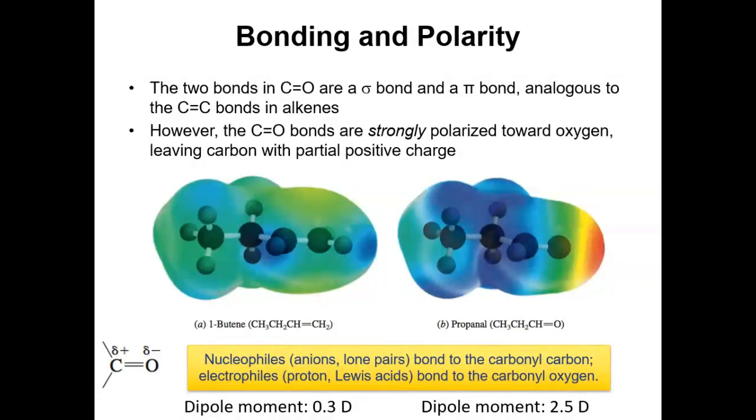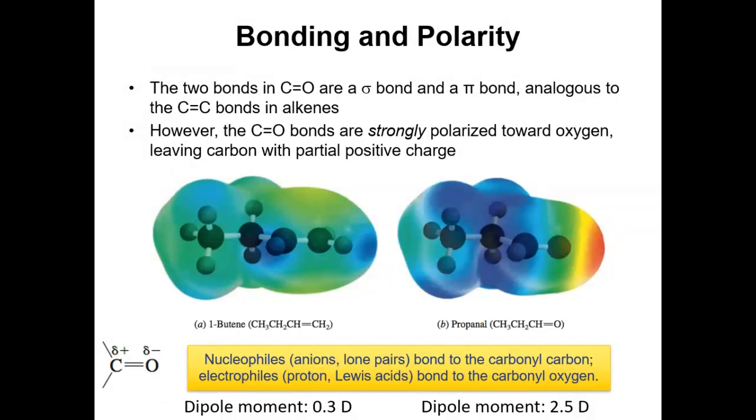So now knowing that the CO double bond has a high dipole moment, with the carbonyl carbon being positively polarized and the carbonyl oxygen being negatively polarized, with this knowledge you should be able to predict the site of reaction if the carbonyl is subject to a reaction.